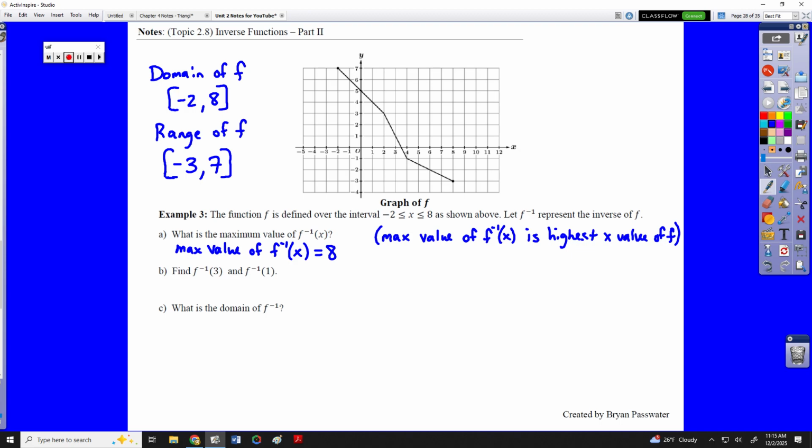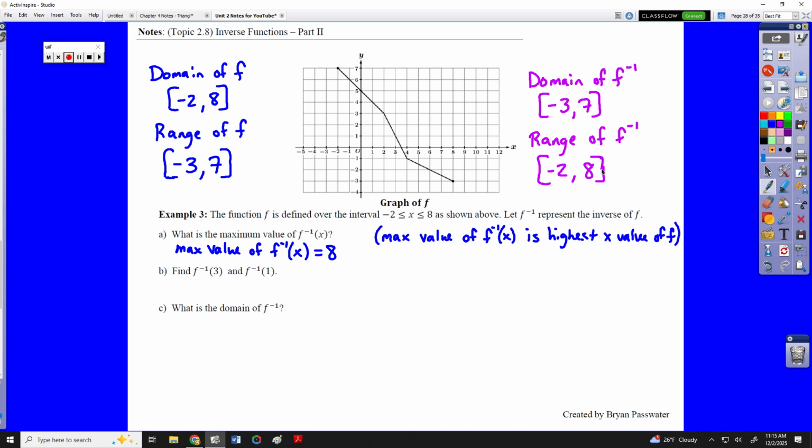Again, this comes from the fact that the domain of the inverse would be equal to the range of the original function, and the range of the inverse would be the domain.